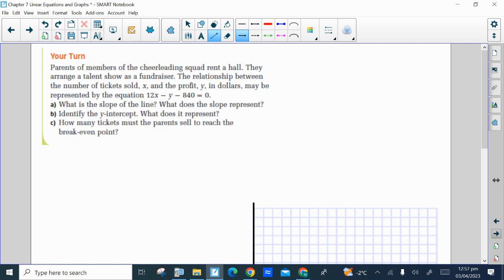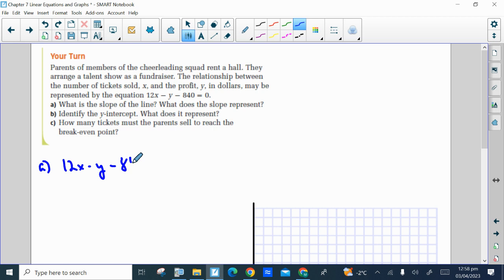Is it in slope-intercept form, Sal? Why not? Because the y is not by itself. So we need to do that so we can determine the slope and y-intercept. We need to put it in slope-intercept form. And this one is quite easy to do. All you have to do is add y to both sides. I forgot to write equals 0 here, so let's do that.